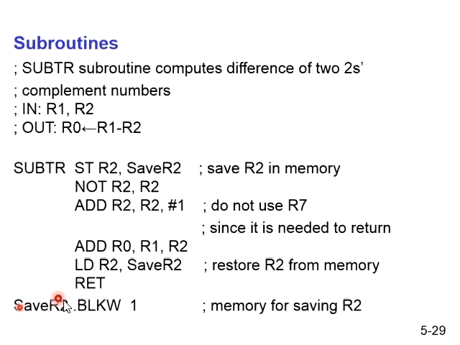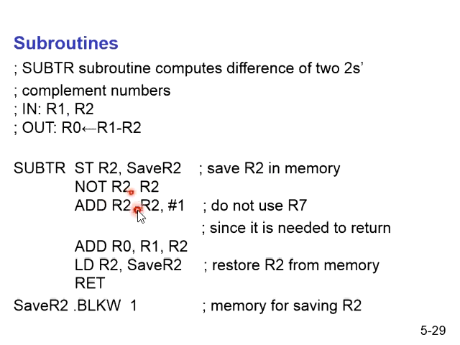So when we go to the subroutine, we store the current value of R2 in the location Save R2. Because when we go out, if you want to use it again, and over here we change it to get the negative, and over here we get the difference. Again, over here we restore the value from Save R2 to R2.